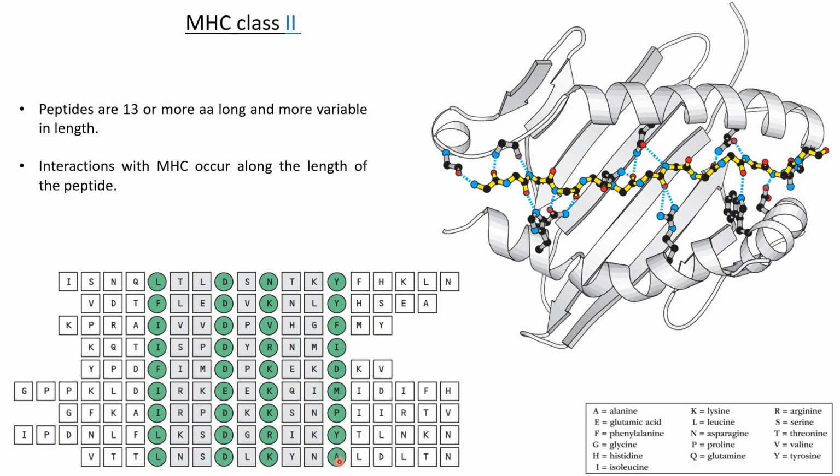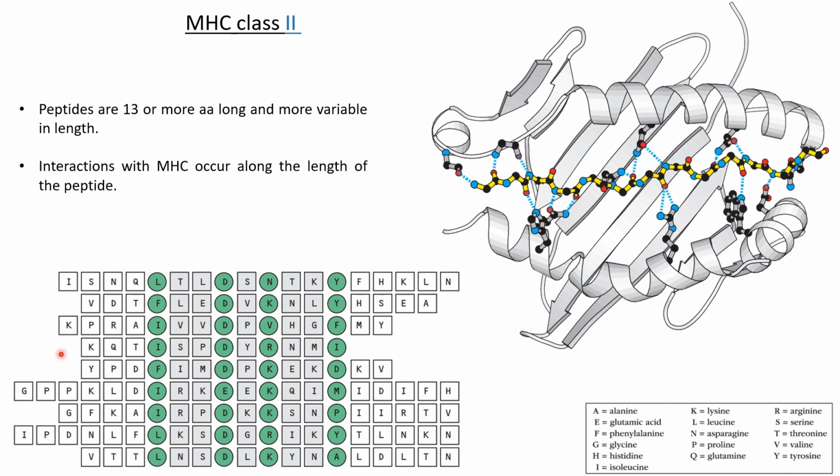And alanine it's hydrophobic as well, but that's quite small. It only has a methyl group. So the conservation is not 100%, but there is a general conservation of patterns at specific positions in the amino acid, in the peptide.